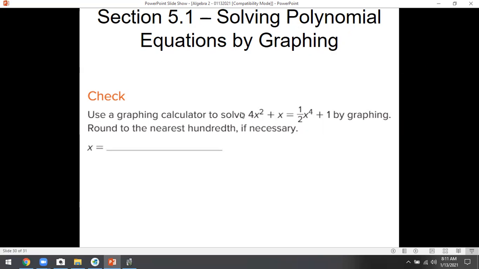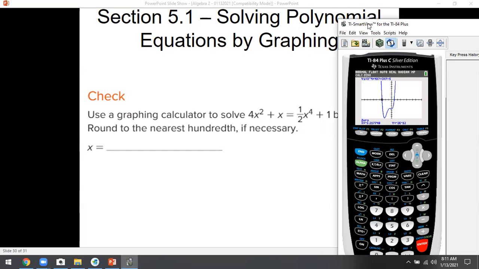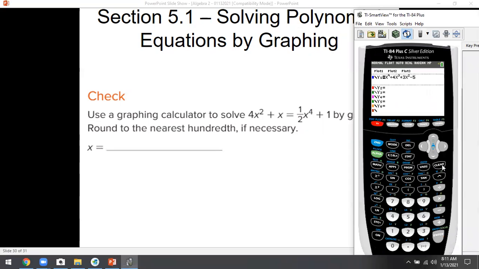Okay, so if we're going to make the left 0, then we got to subtract the 4x squared, right? And subtract this x. Now, I'm not going to do the work. I'm going to do it right here on my calculator because it's not that complicated. On this side, we had a 1/2 and an x to the 4th. What I'm going to do is subtract over the 4x squared, so it'll be a negative 4x squared on the right.